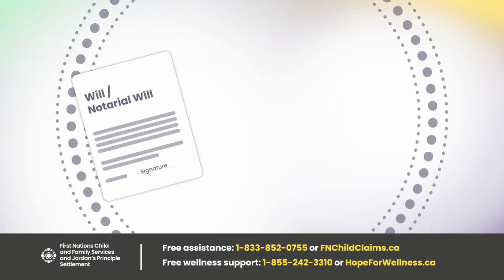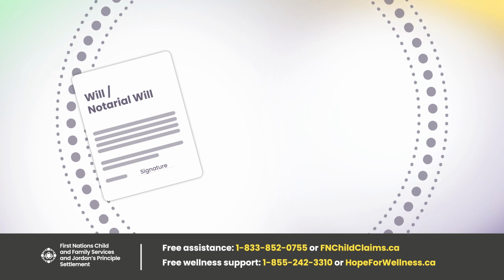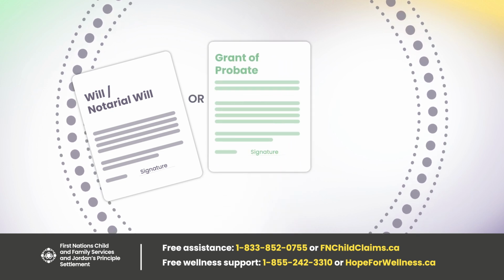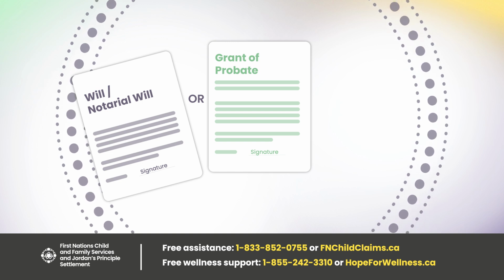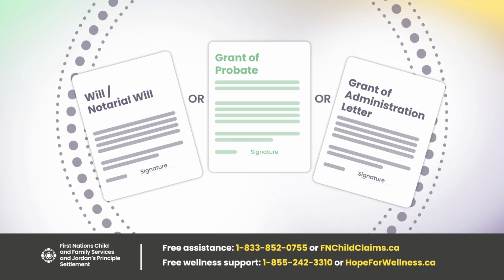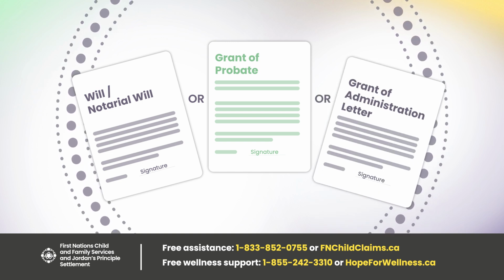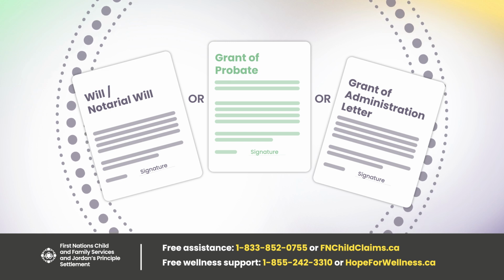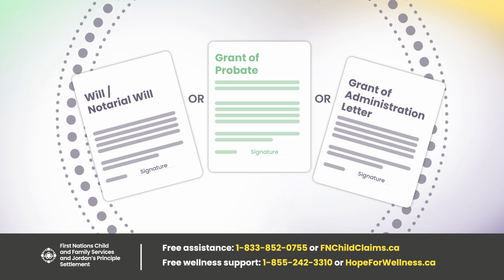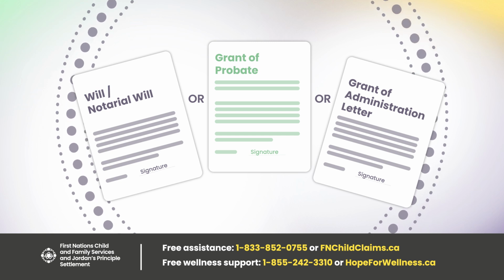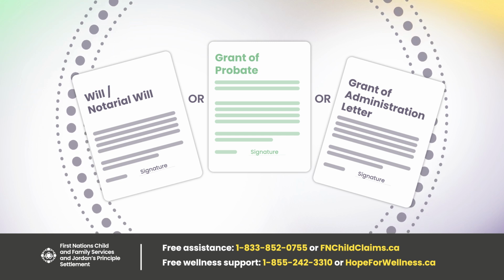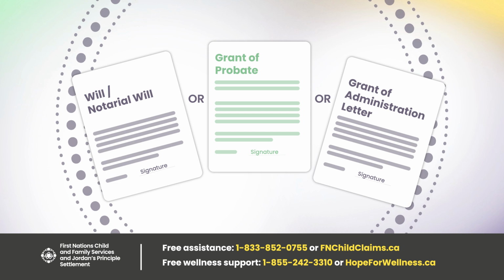This can be a will or notarial will in Quebec, a grant of probate issued by a provincial or territorial court order, or a grant of administration letter issued by the Government of Canada, for example, from Indigenous and Northern Affairs Canada, Indigenous Services Canada, or Crown Indigenous Relations and Northern Affairs Canada.